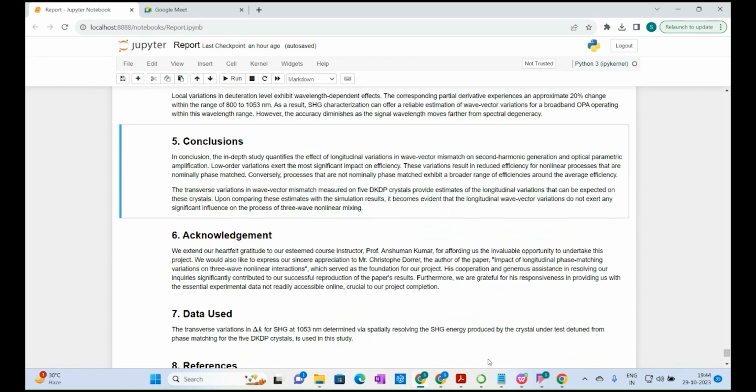However, processes that aren't perfectly phase matched show a wider range of efficiencies around the average. By looking at the transverse variation in the wave vector mismatch in KDP crystals, we can estimate the longitudinal variations. Comparing these estimates with our simulations, we realize that longitudinal variations don't significantly affect three wave nonlinear mixing.